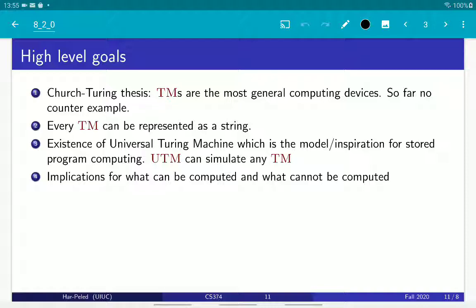Now, this is not a claim that can be proved or disproved because it's a general claim, but so far we don't have any counterexample. And in particular, quantum computers, even if they're real, which remains to be seen, are not going to contradict this. So this thesis seems to hold quite well.